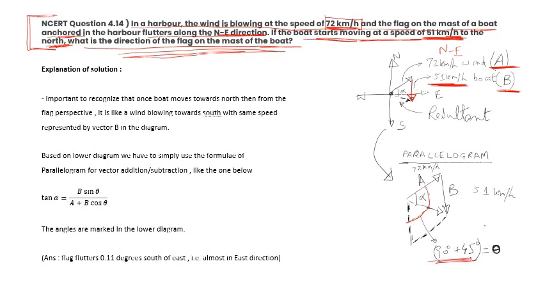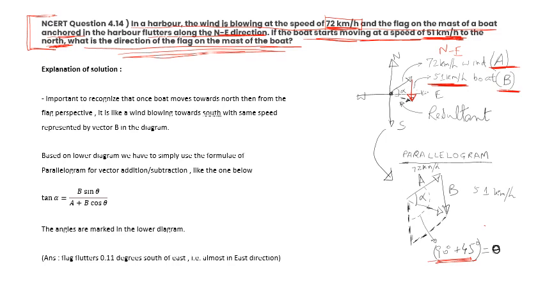This is theta. This is in fact the angle between the two vectors, vector A and vector B, as per the parallelogram formula that we have used to find the resultant.